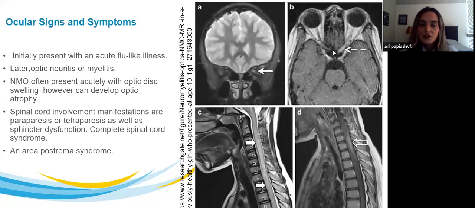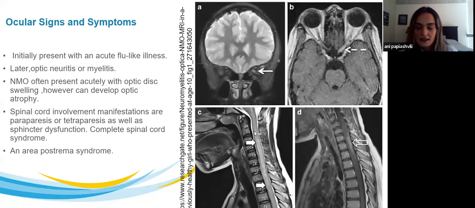But in case of spinal cord involvement, here you can see the picture of spinal cord involvement. I would like to mention that in neuromyelitis optica, we have damage of gray and white matter also. This is another difference between NMOSD and MS. And here you can see the spinal cord damage in a patient with NMOSD.